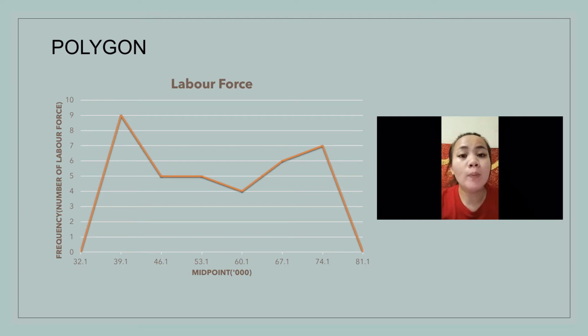The following properties must be followed: the horizontal scale is the midpoint of the data value. Besides that, the vertical scale is the measure for the frequency of the class, while the plot represents the midpoint of frequency of each class and connects the points in order from left to right.